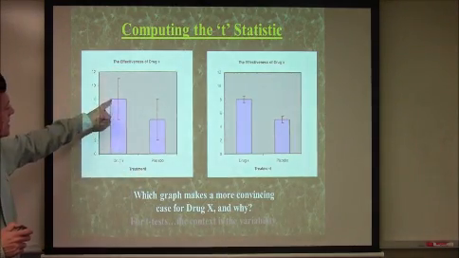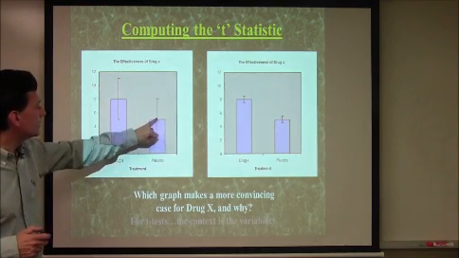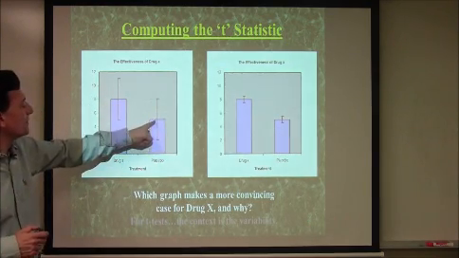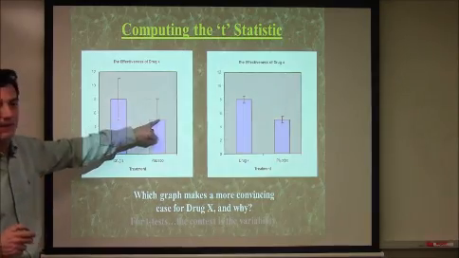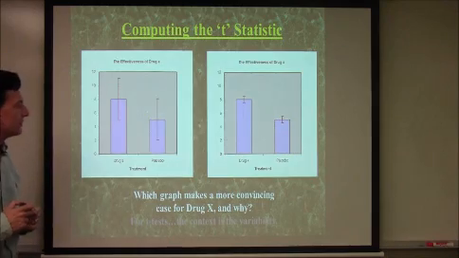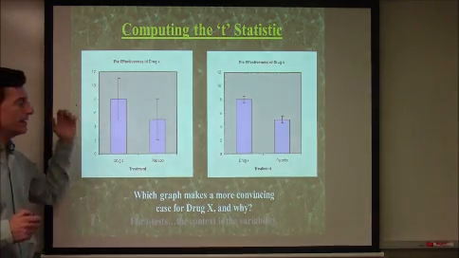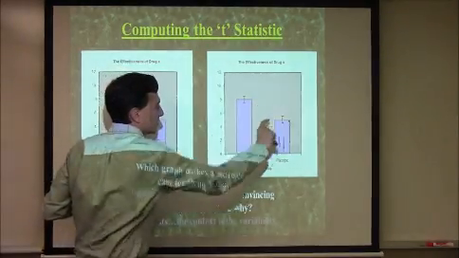Okay, so what we can say is that drug X has a mean of 8 here, and a mean of 5 for the placebo group, 8 versus 5. Over here we have an 8 versus 5 difference. Hopefully, though, you've been able to see that the variability is very strong on the left side, and on the right-hand side, the variability is much reduced.